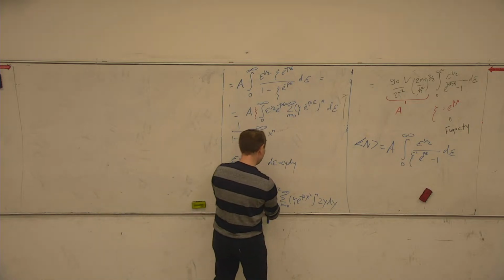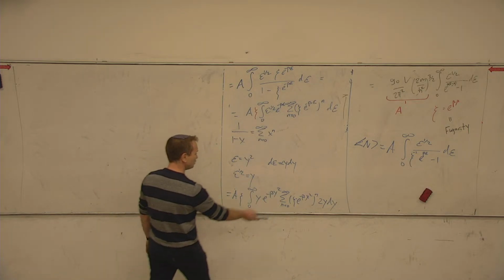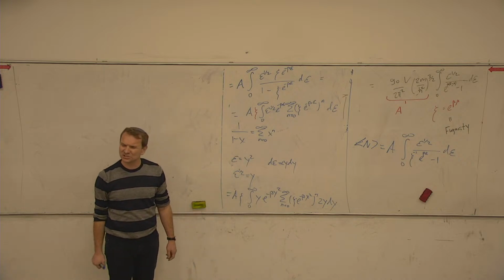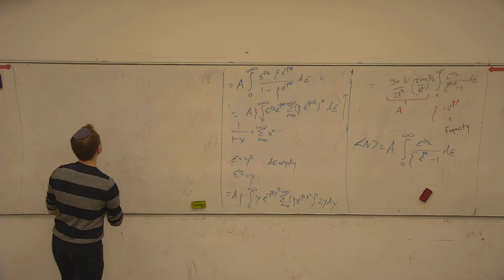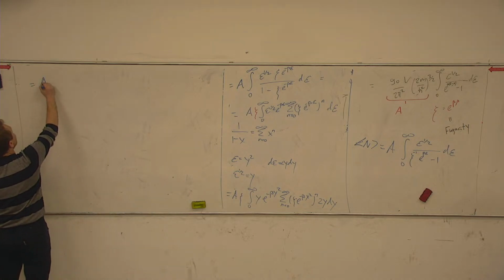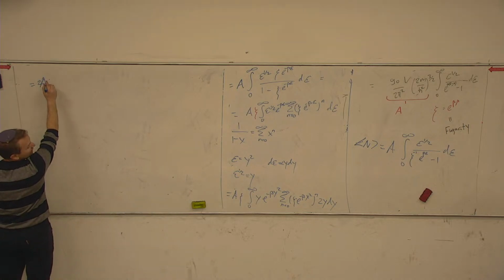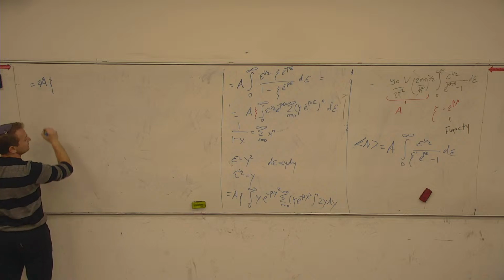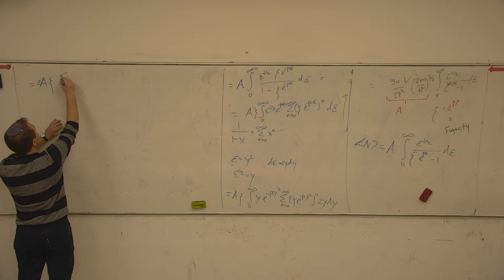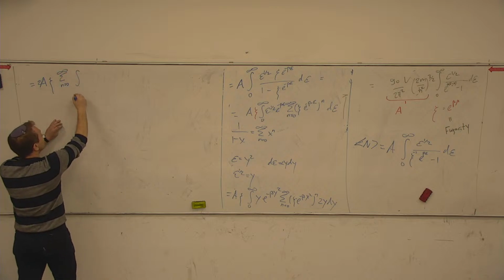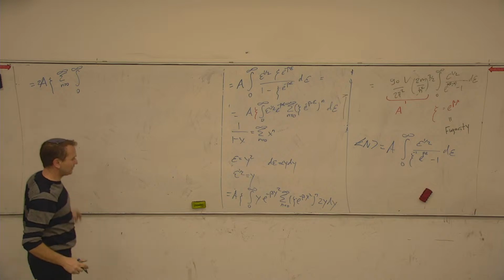All right, let's see what happens. We assume that everything here converges uniformly, so we can take the sum out of the integration. So we have 2 times the fugacity, a sum over n goes from 0 to infinity, an integration from 0 to infinity.